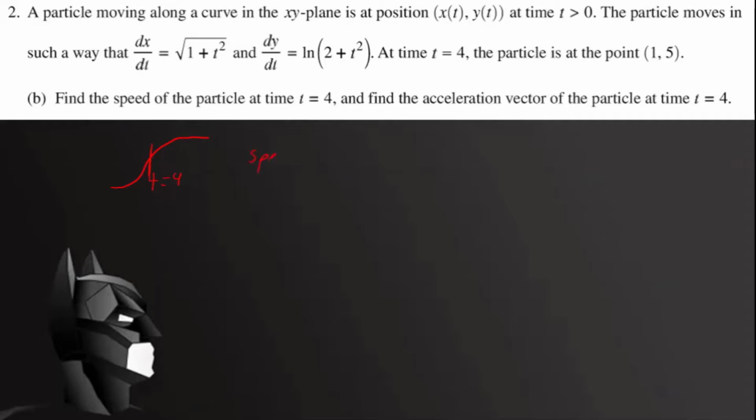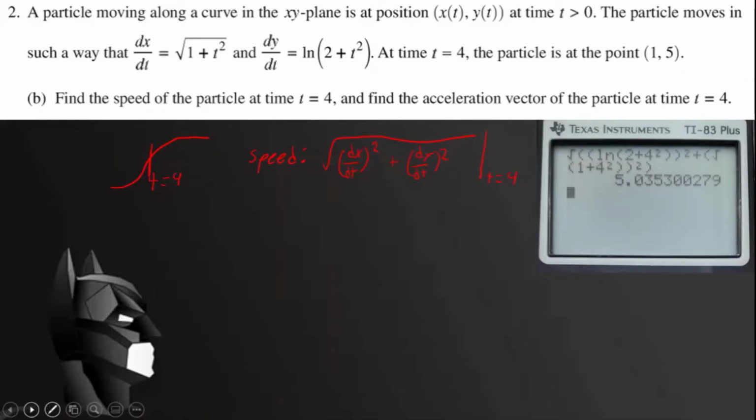So to find our speed, we're going to take the square root of dx/dt squared plus dy/dt squared, and then we're going to evaluate that at time t equals 4. We plug that into the Bat computer, we get 5.035 in no units since we aren't given any.